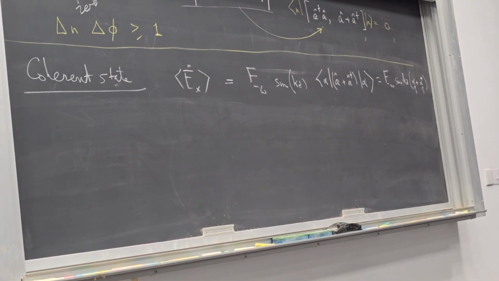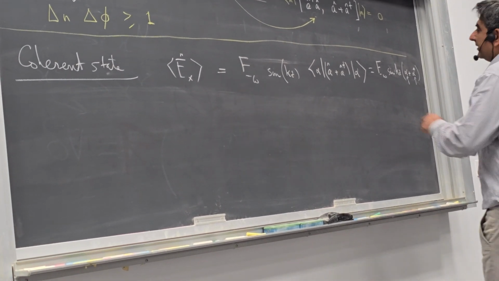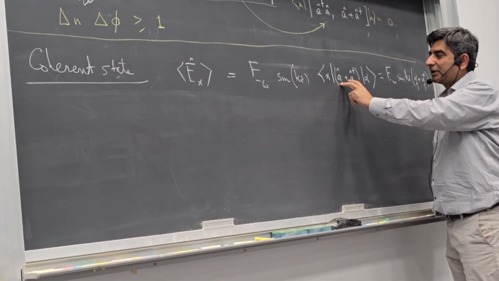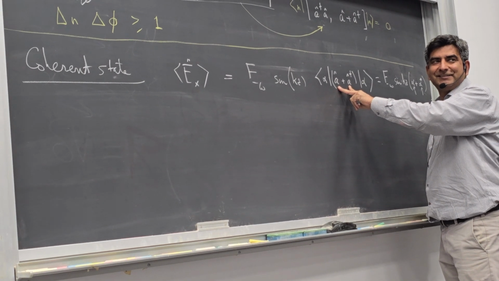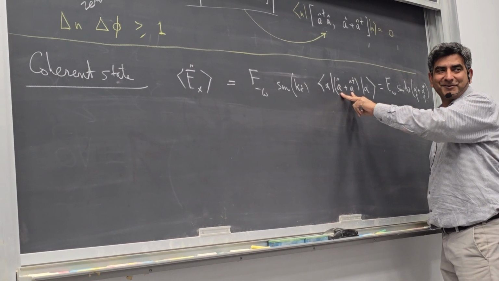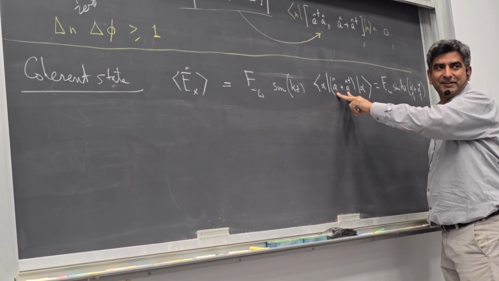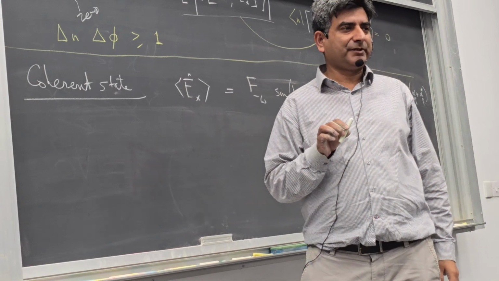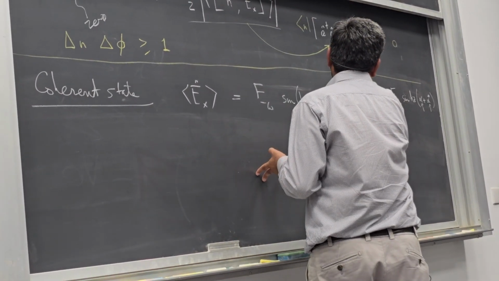And if I do this properly, it means that these operators are taken to be time dependent, because the electric field is time varying. So what I could do is take these operators to be time dependent. Let me try doing that for a minute, because I want to also capture time dependence in this. So suppose, how do I find out the time dependence of a and a dagger?